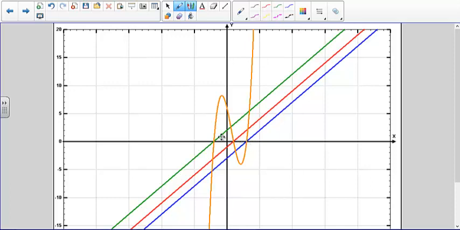To get this number, you take this times that times that. You take the value of the linear equations at a particular value of x and multiply those together. That'll give you the resulting third order polynomial.